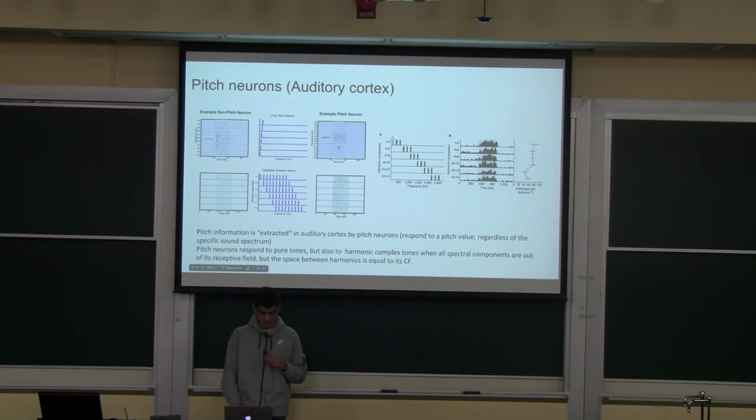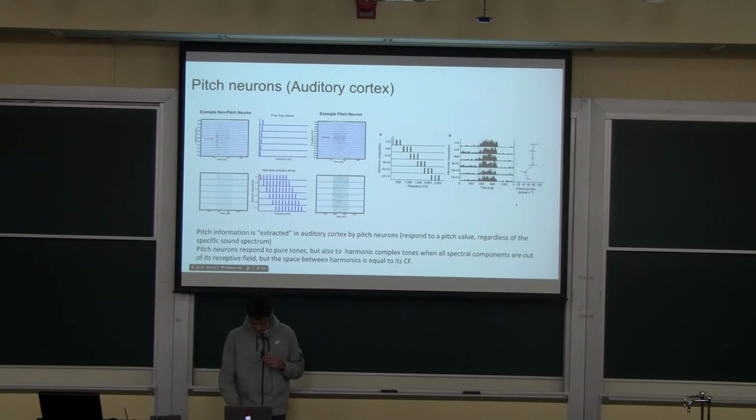Pitch neurons fire both in response to the fundamental that matches the pitch, as well as the harmonics, which are technically outside its receptive field. They respond to harmonic complex tones when all spectral components are out of its receptive field, but the space between harmonics matches up with the pitch.